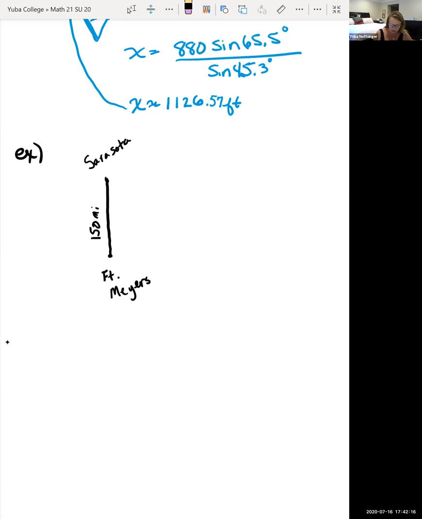Let's look at it. And if you are turning 50 degrees, let's look at the horizontal. So if you turn 50 degrees, that's about here. Okay, and then it tells us that they flew 100 miles.